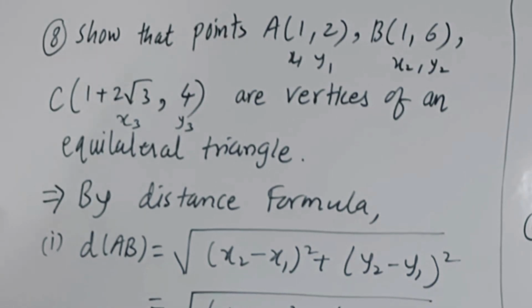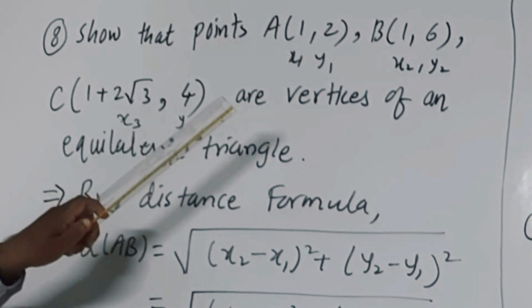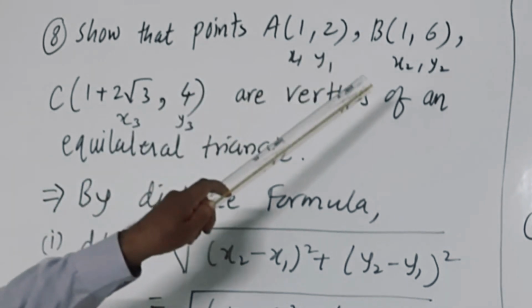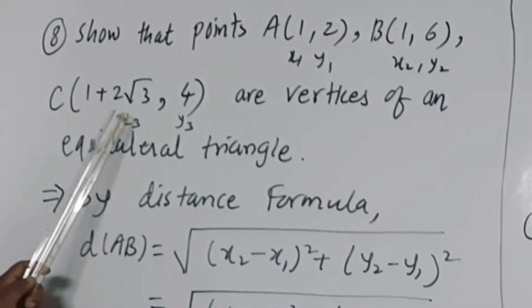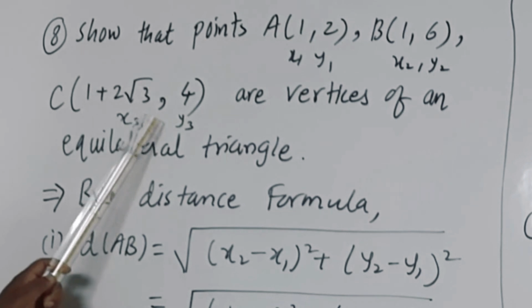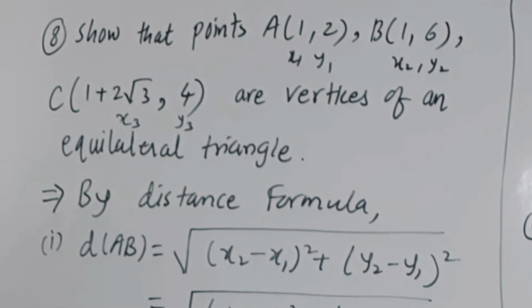Eighth example: show that points A (1, 2) (x1, y1), B (1, 6) (x2, y2) and C (1 plus 2 root 3, 4) (x3, y3) are the vertices of an equilateral triangle.